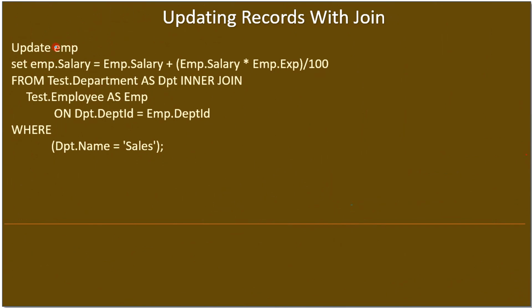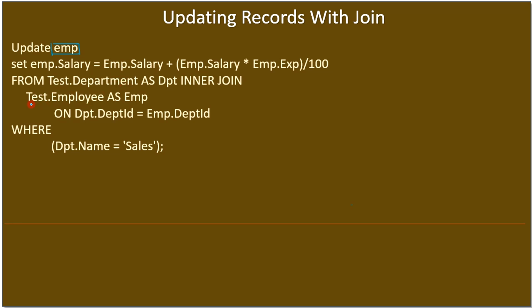Here, if you see, our goal is to update the emp table: update emp, set emp.salary. Emp here is the alias name for test.employee in the join candidate.